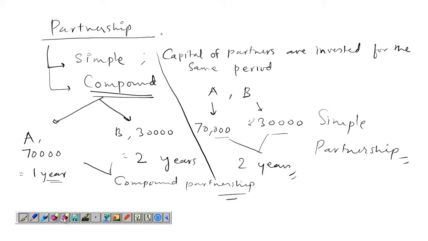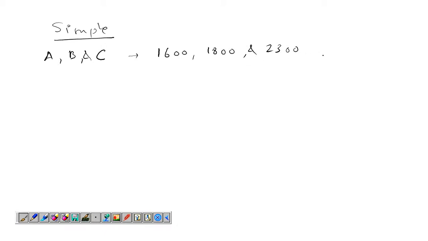Let's do an example to know them one by one. Take an example for the simple partnership. We have three partners A, B, and C. They have invested 1600, 1800, and 2300 rupees respectively for the same period, like for 1 year.